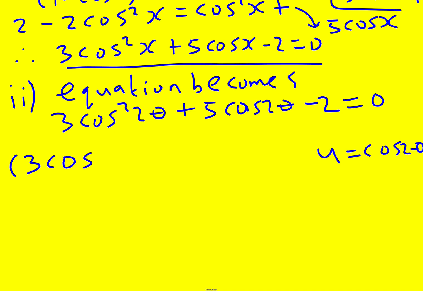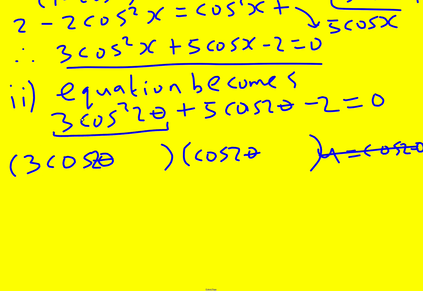So if this is going to factorize, always a good method is to just try and factorize it first, then it must be that I've got 3 cos 2 theta and cos 2 theta. So I'm not actually doing this substitution. That's the only way I'm going to get 3 cos squared 2 theta, because 3 is prime. And then I've got a minus 2. So how am I going to deal with that?